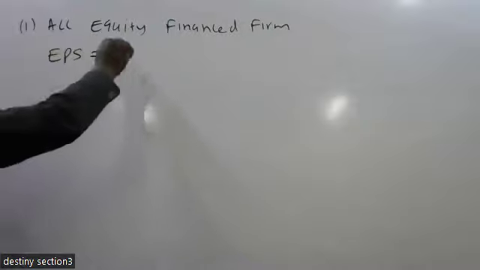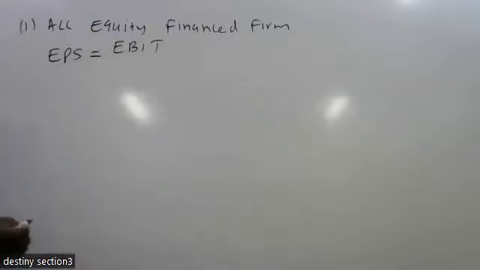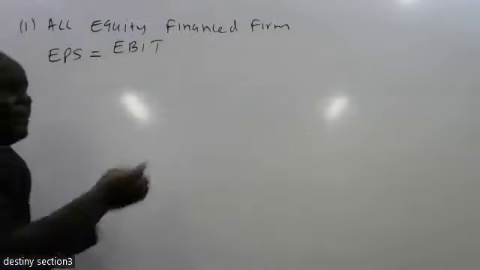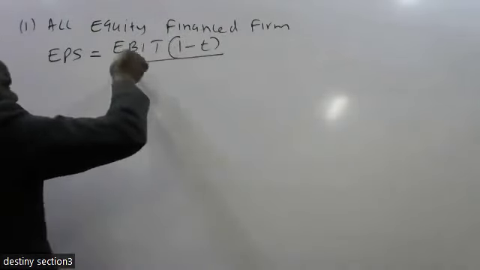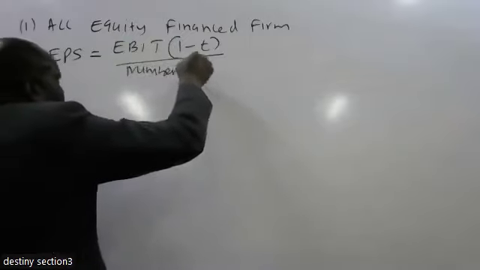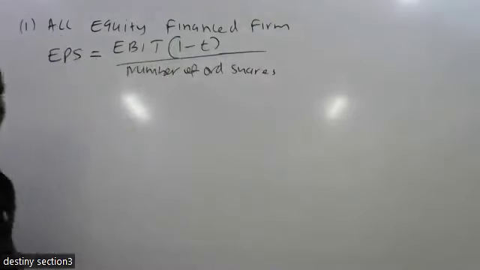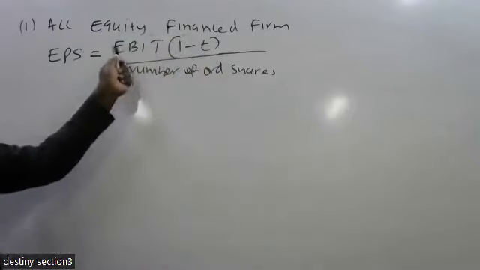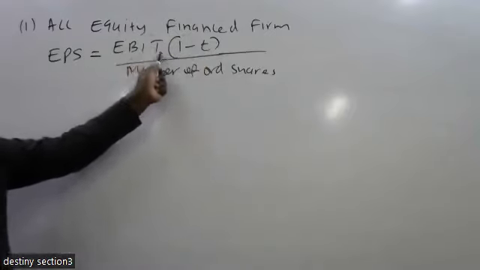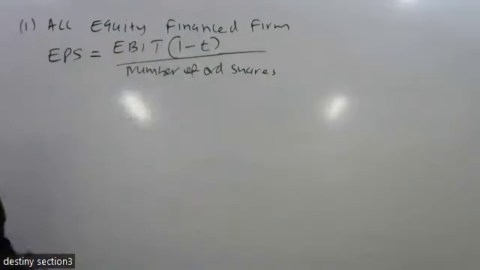Earning per share will be given by earnings before interest and tax, times 1 minus the tax rate, divided by the number of ordinary shares.